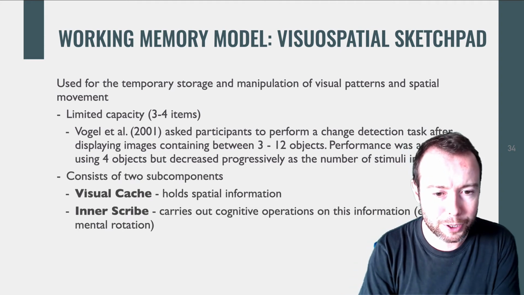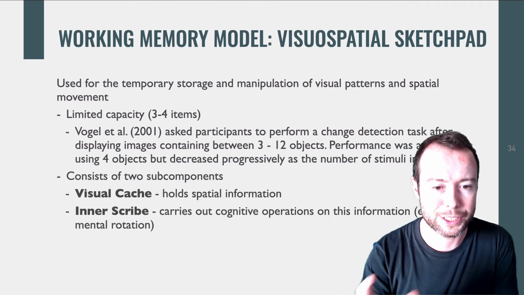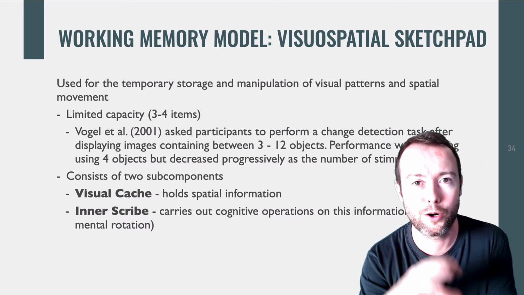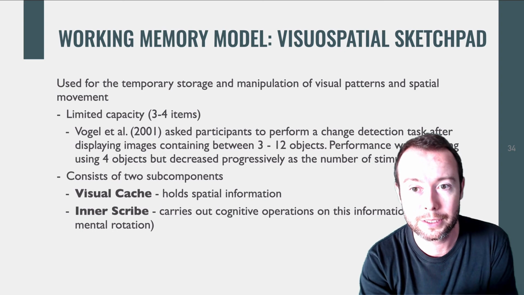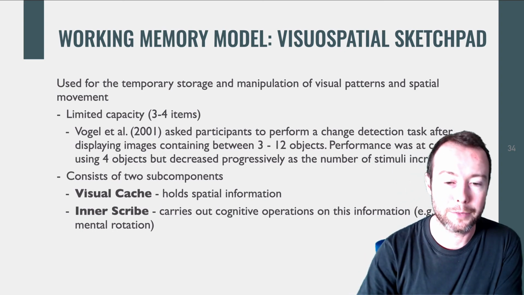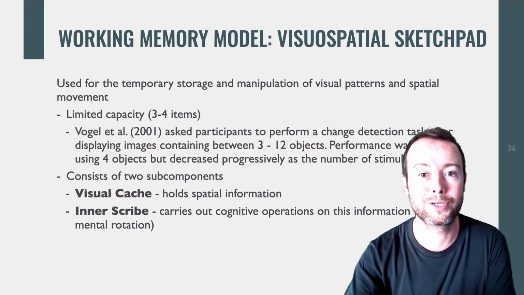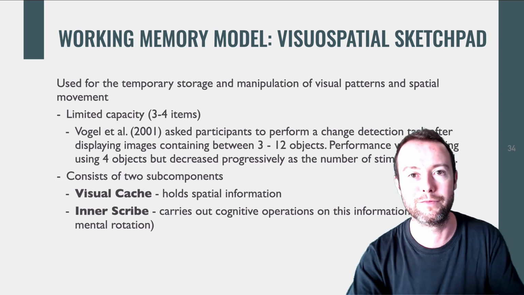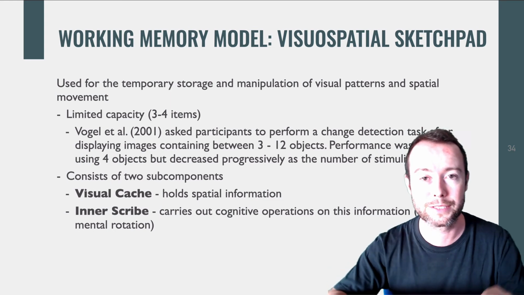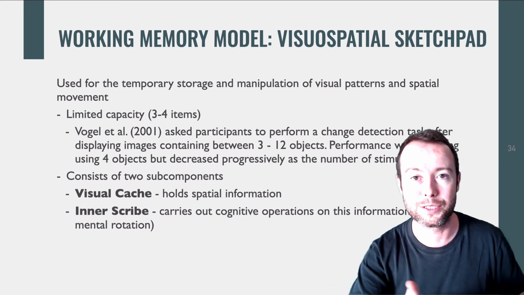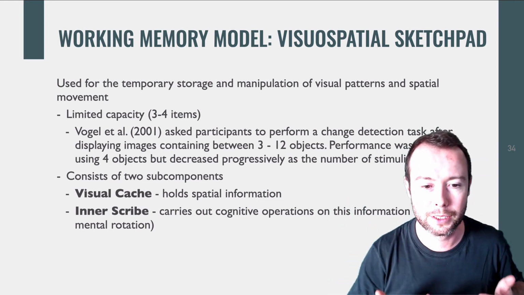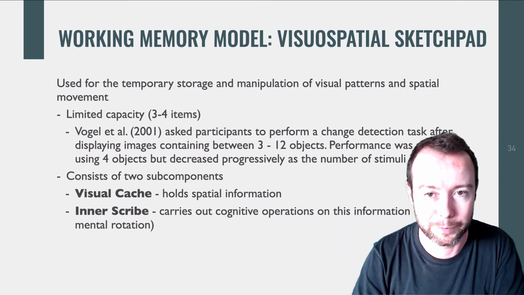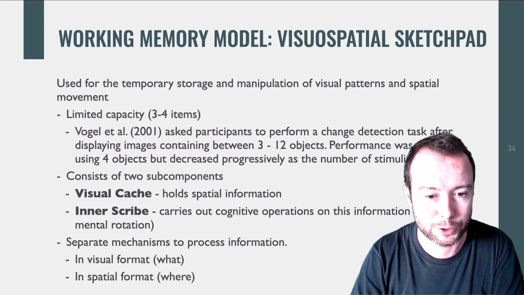But it's also broken down into 2 smaller subcomponents. So we've got a visual cache, which basically holds spatial information, and then we've got an inner scribe that carries out cognitive operations on it. So you could imagine holding spatial information would be holding the coordinates of something, and then if we wanted to engage in some sort of mental rotation, the inner scribe would be what manipulates that information that is being held in the visual cache.